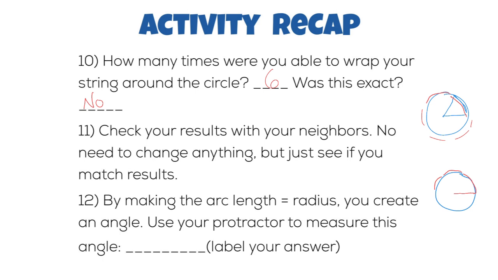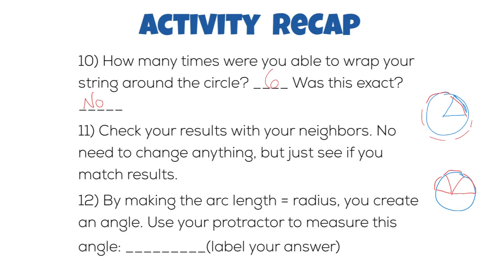So it landed something like this. That would have been 3 radians. There's 1, 2, 3. And then there was just a little bit left over before you were straight across, which means by the time you got all the way around, you were off a little bit more.